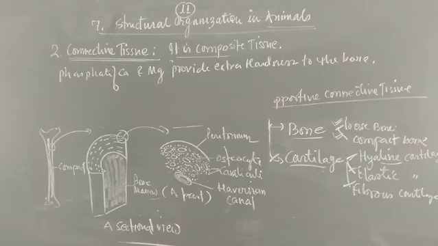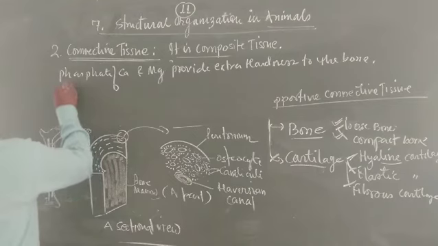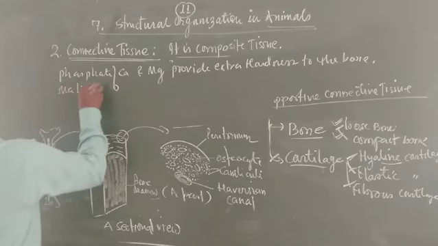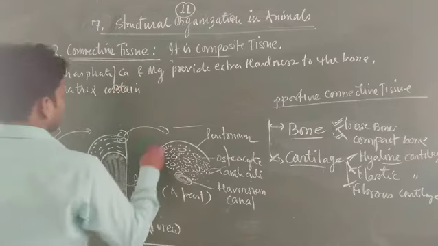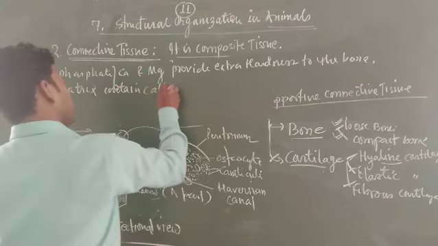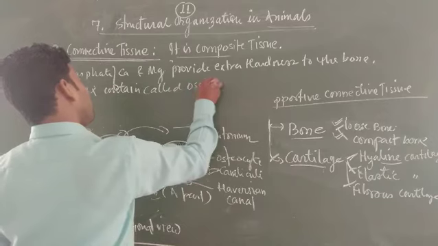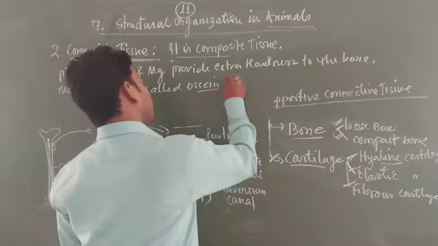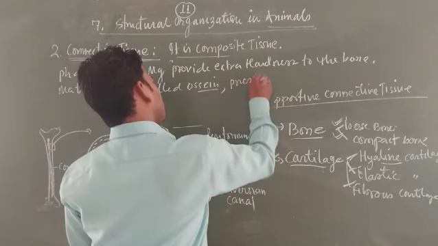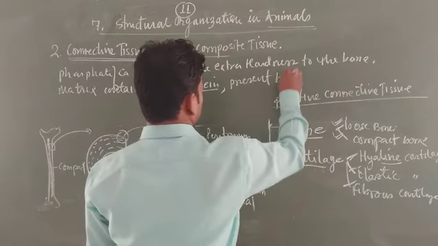The matrix of the bone contains a protein called ossein, and this ossein protein is present between the osteocyte cells.